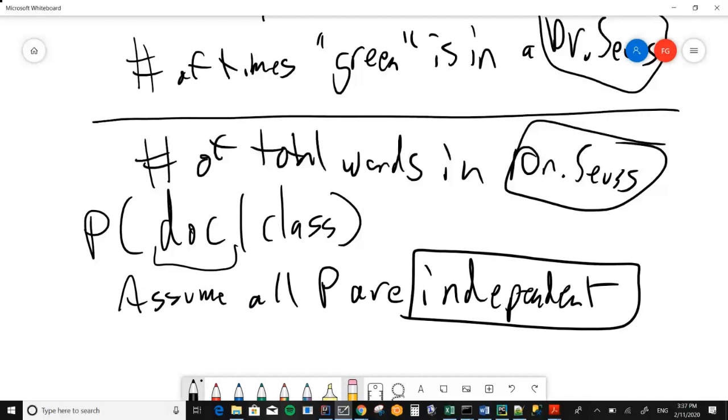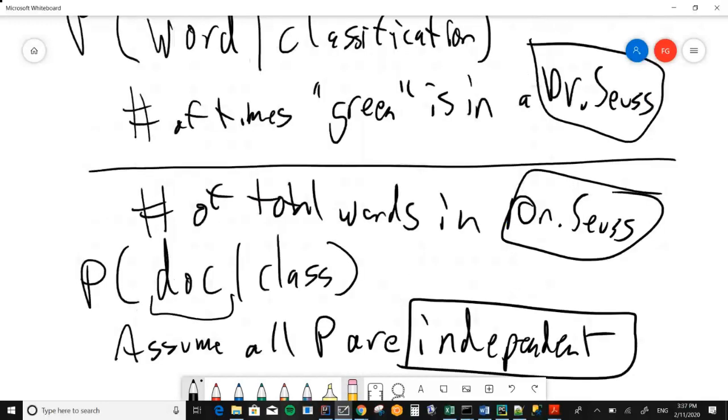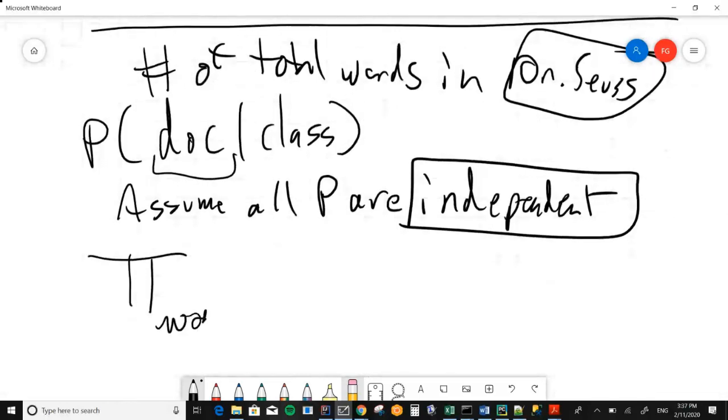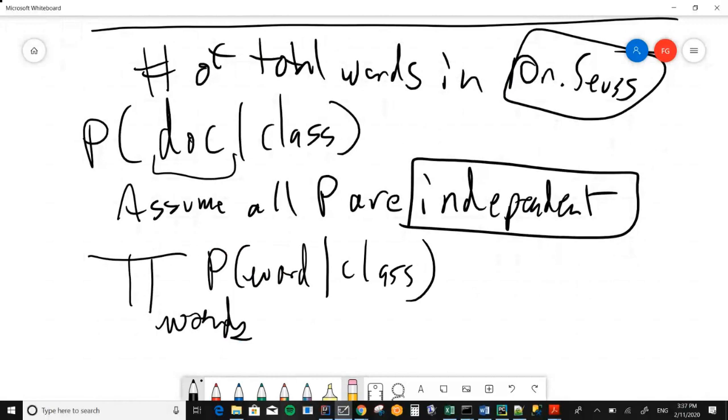Because if we assume that they're all independent, then what we can do is multiply, for all words, the probability of the word given the class. And then we just multiply them all, giving us really tiny floating point numbers. I have to admit that I personally find this algorithm extremely cringe-inducing because it starts talking about probabilities and then it combines them in ways that are not actually valid in probability theory.